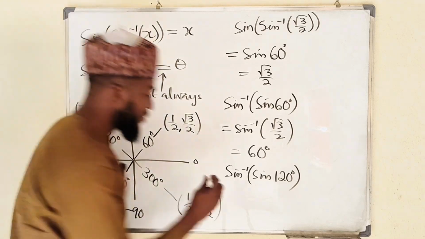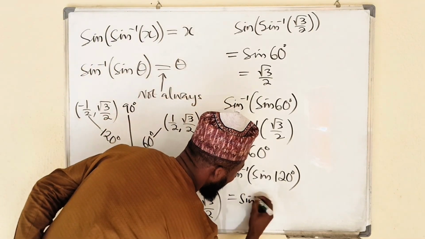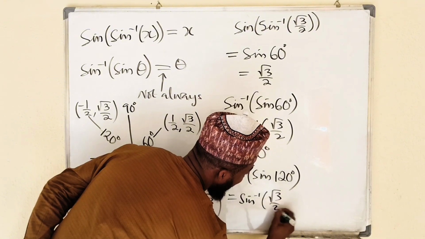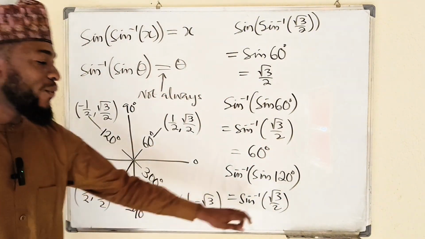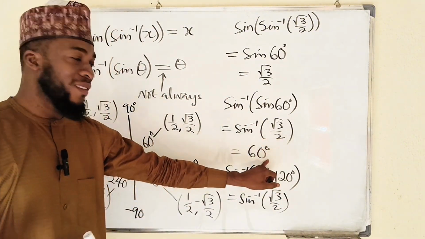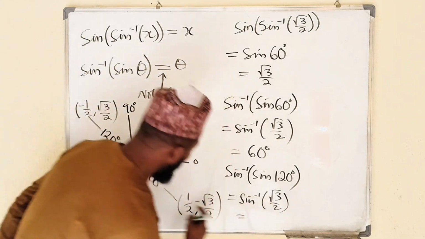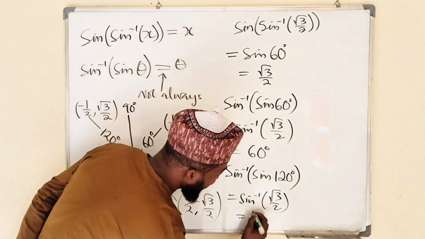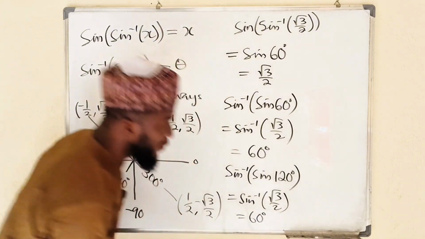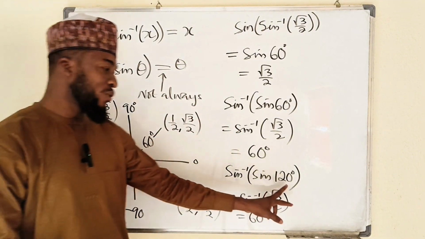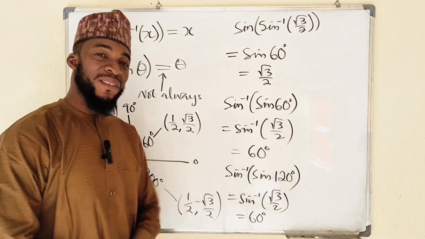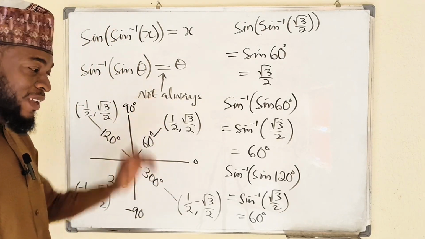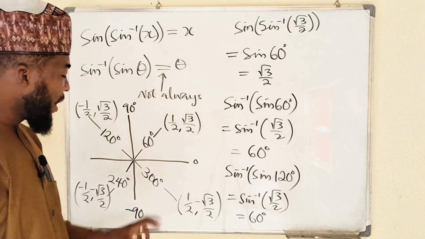You can see that here. So this will be sine inverse of root 3 divided by 2. But what is sine inverse of root 3 divided by 2? You can see it is 60 degrees, because it will return values within this range. So it will be 60 degrees instead of 120 degrees. We started with 120, we end up with 60 degrees. This is why I said not always. Sometimes it can give you something different.